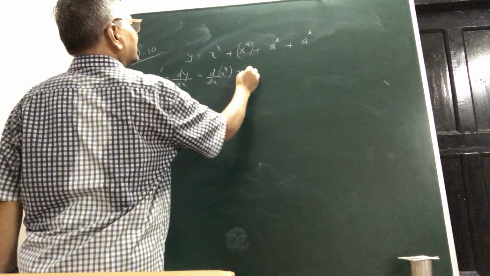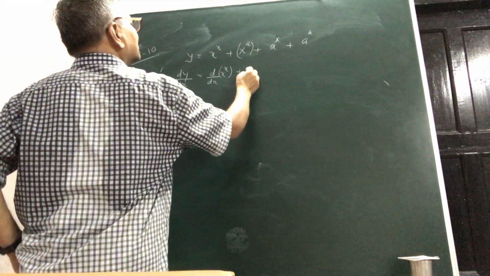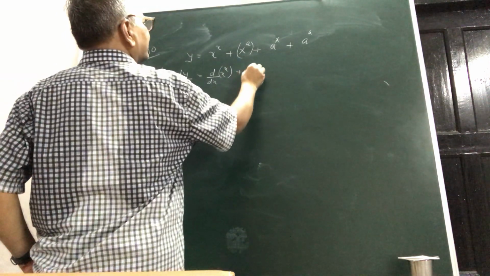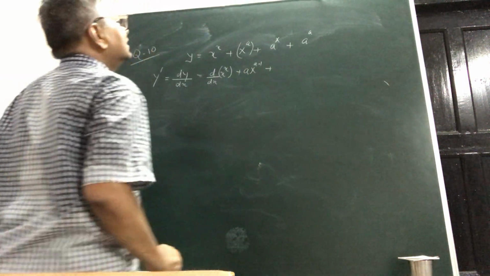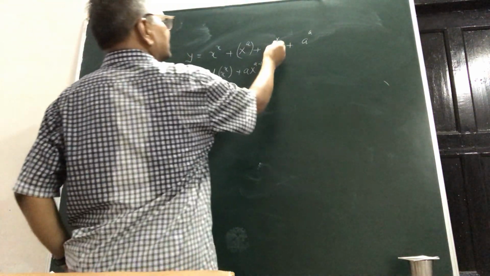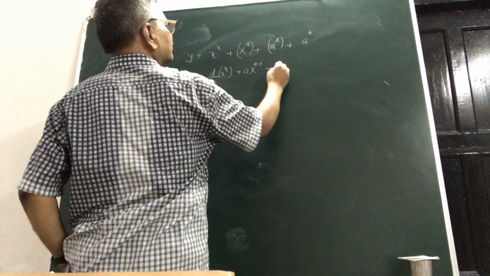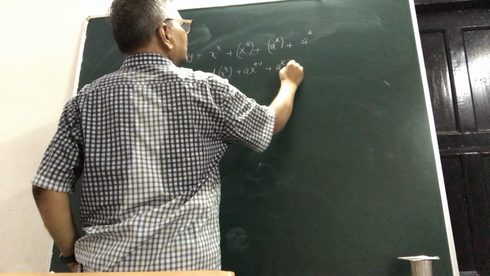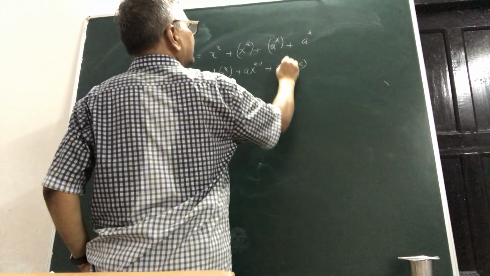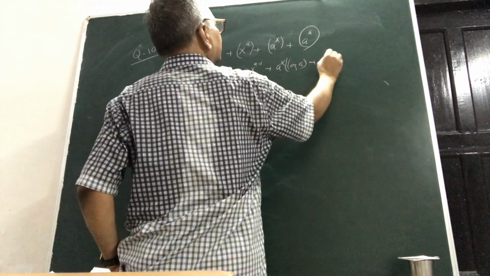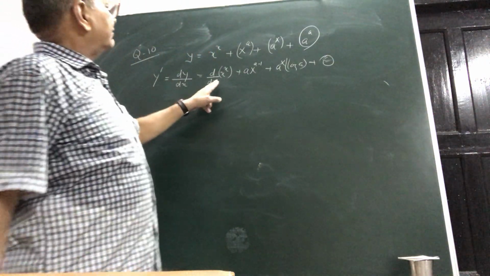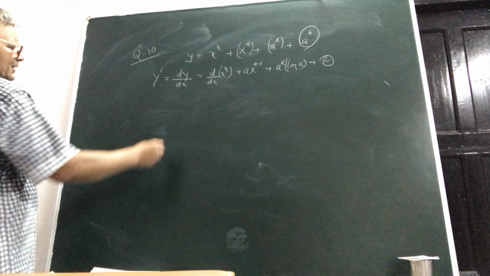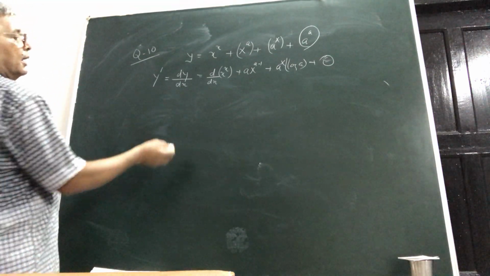So x raised to power a is what? It is a x raised to power a minus 1, plus a raised to power x. A raised to power x is in the standard form, its derivative is a raised to power x into log of a, and a raised to power a is constant, so it will be 0. So only the derivative of x raised to power x we have to find, which of course we will do separately.